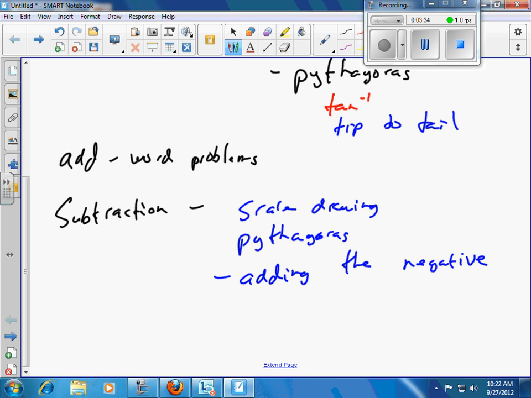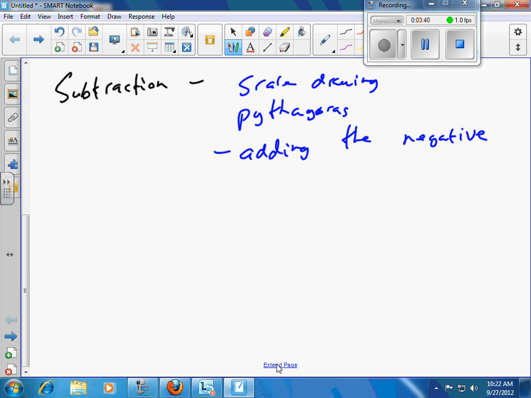If it's a word problem, now here's where I need to spend a few more minutes with you. Let me just talk about subtraction word problems. Generally, you're going to see planes in the wind, and you're going to see boats in a river, in a current.